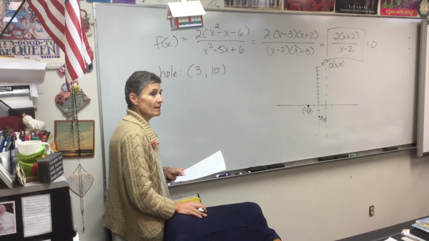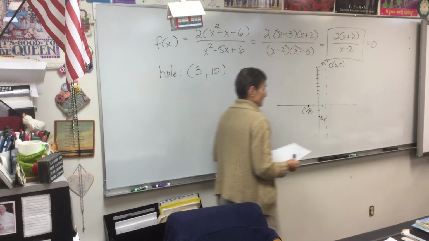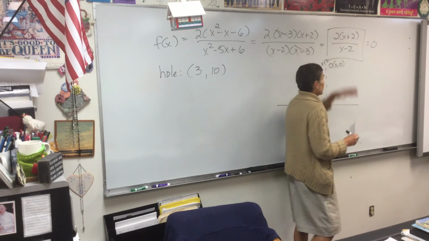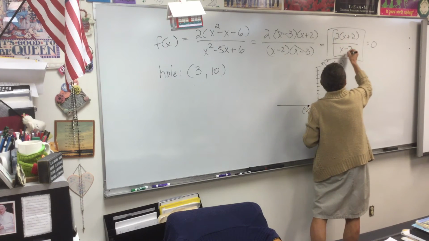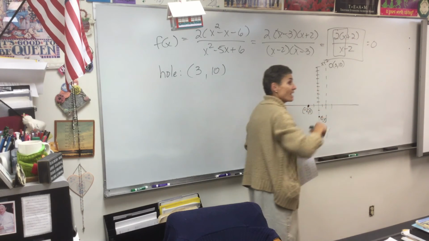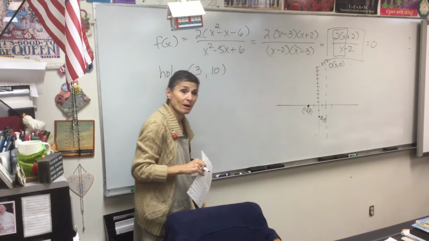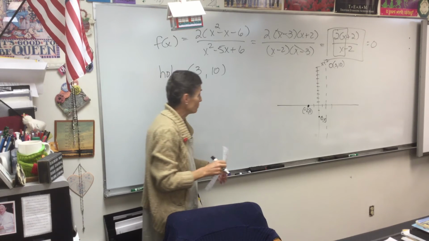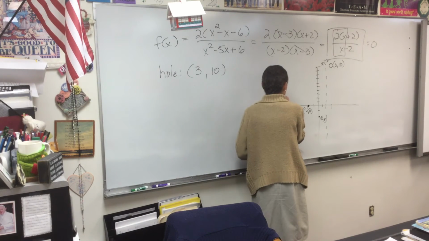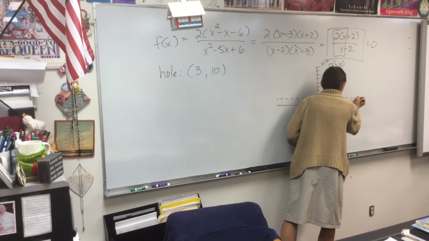Do I have an end behavior asymptote? Yes, I do. What is my end behavior asymptote? It's horizontal because the powers match. And it would be the line where y equals 2.